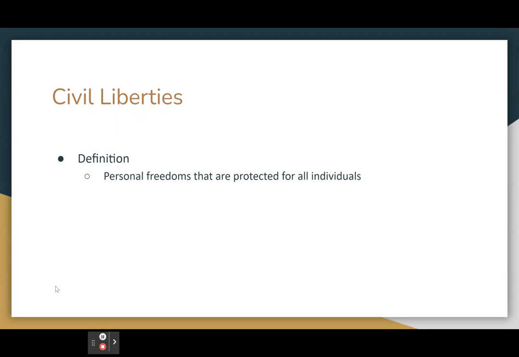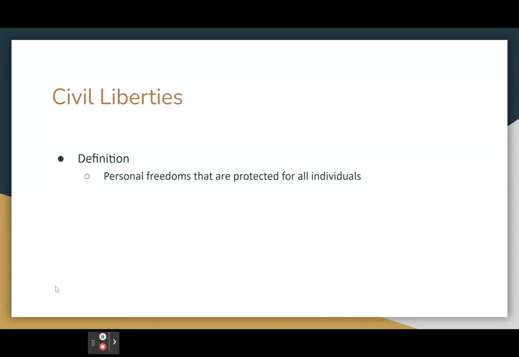So, civil liberties means personal freedoms that are protected for all individuals. When we talk about those personal freedoms, what we mean here is it restricts or restrains what the government can do against individuals. In other words, the issue of civil liberties protects you, the individual, from your government.